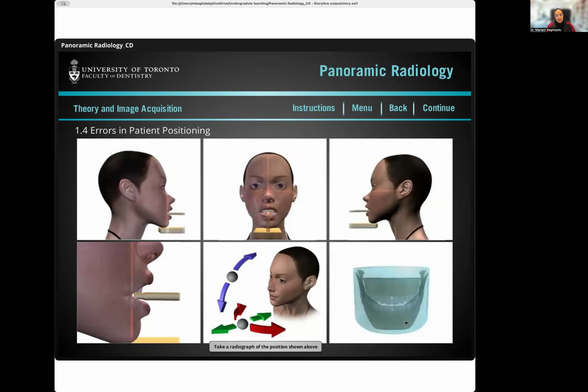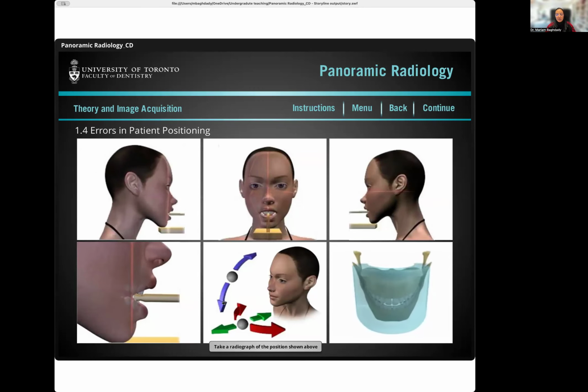So what happens if we do the opposite position? So eyes over here, over the three-dimensional image. Let's put our head down. So the head is downwards, right? And the condyles now are outside of the focal trough. And what we have is an exaggerated smile line.